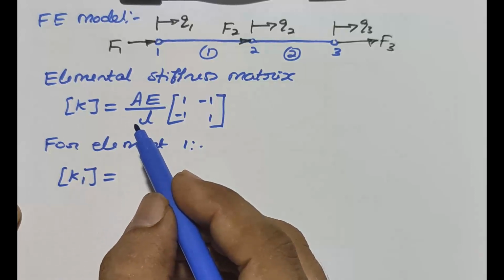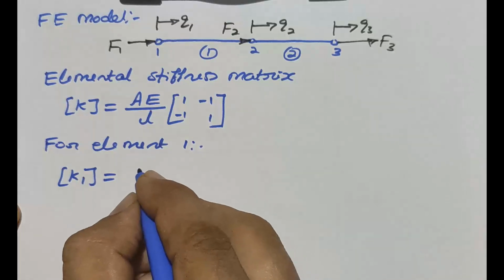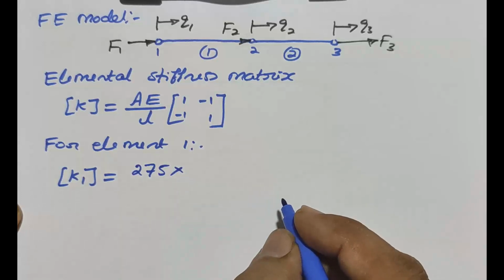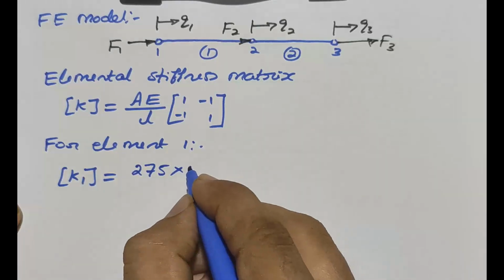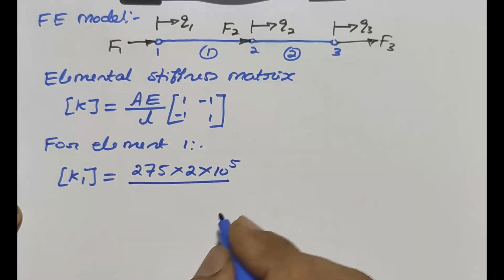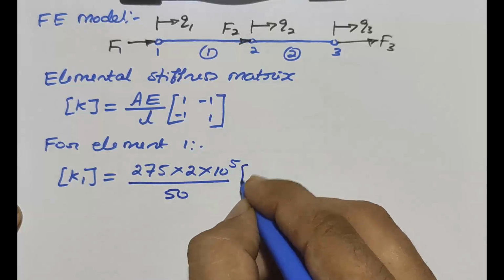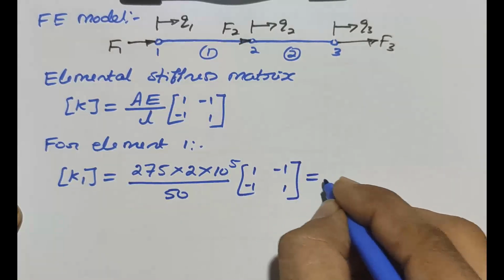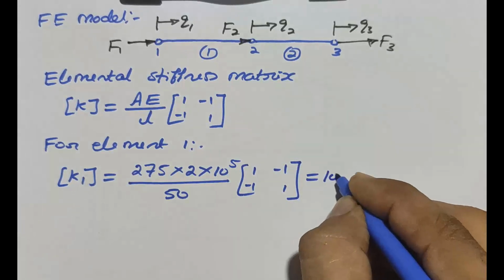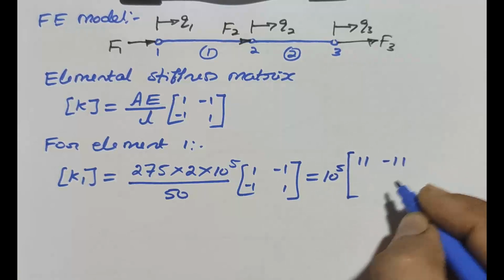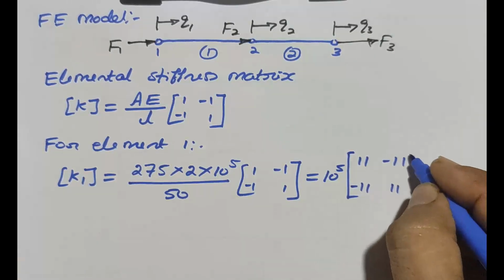If you convert it into mm square, it becomes 275 mm square, into Young's modulus 2 into 10 power 5 Newton per mm square, by the length it is 50 mm, times [1 -1; -1 1]. If you simplify this, you will get 10 to the power of 5 outside, [11 -11; -11 11].